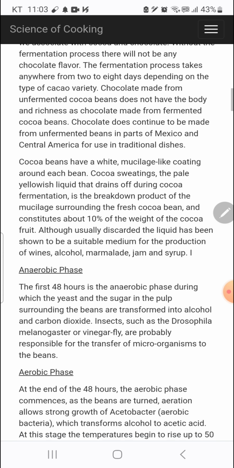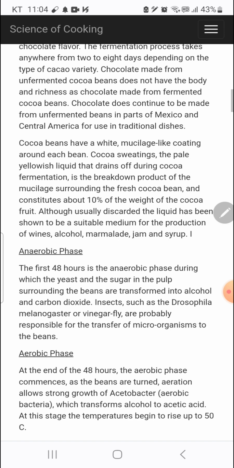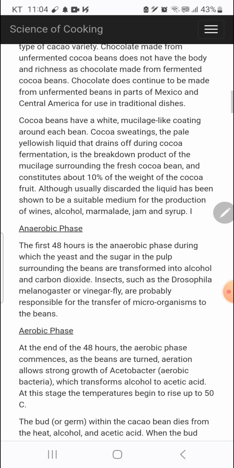Chocolate does continue to be made from unfermented beans in parts of Mexico and Central America for use in traditional dishes.